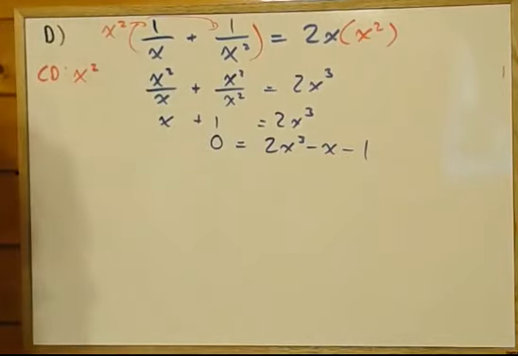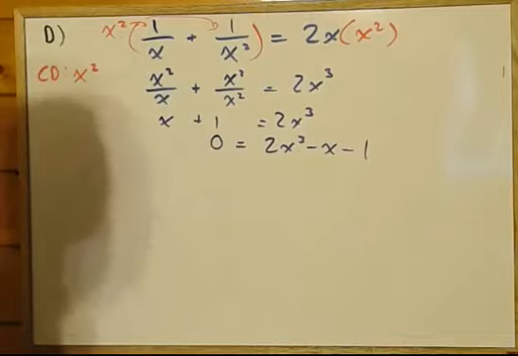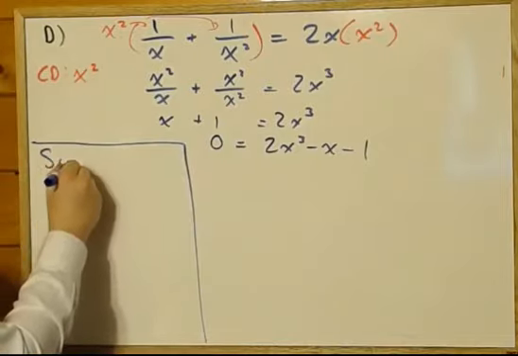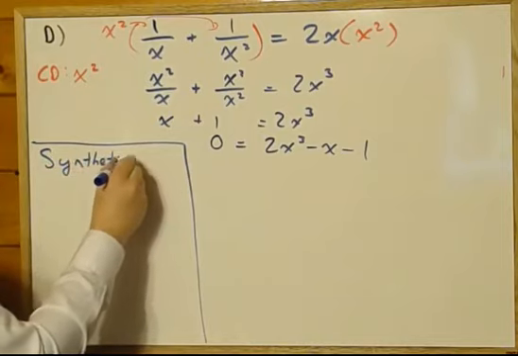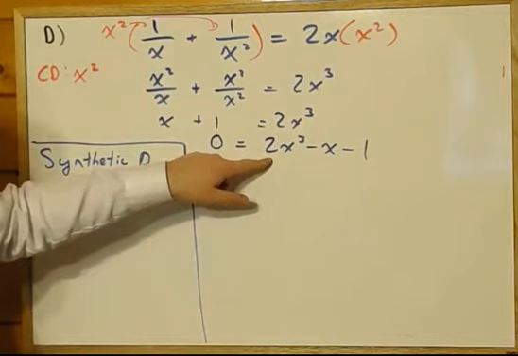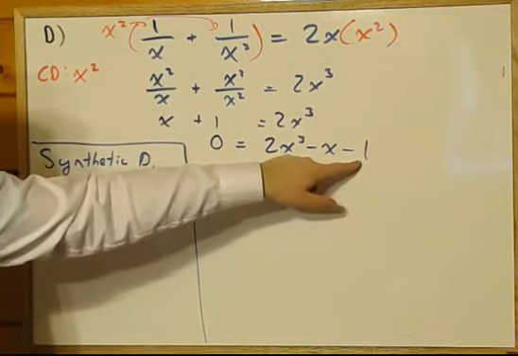And this has now been reduced to a polynomial that we solved in the lesson last time. And so to factor this, we will need to use synthetic division. So we ask ourselves the question, what are some factors of -1?